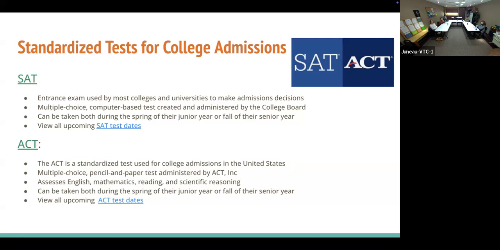All three of my children took the test twice: at the end of their junior year, that May one, and then the first one you could take in the fall of their senior year. And all three of them scored higher in one area than the other, and then it's called a super score.